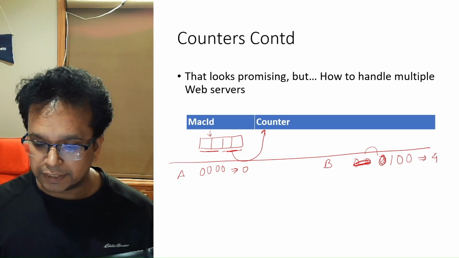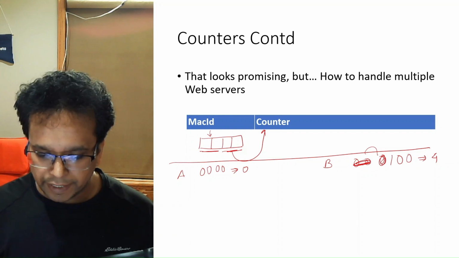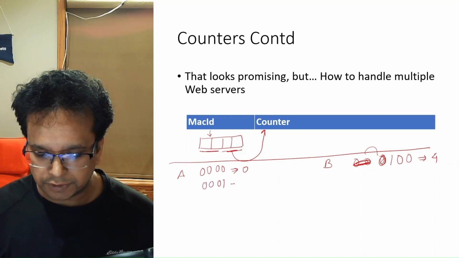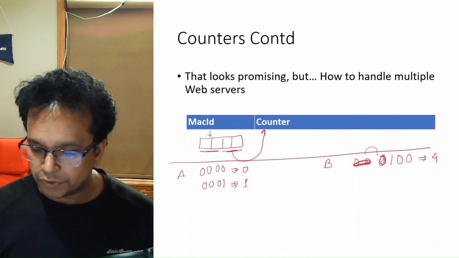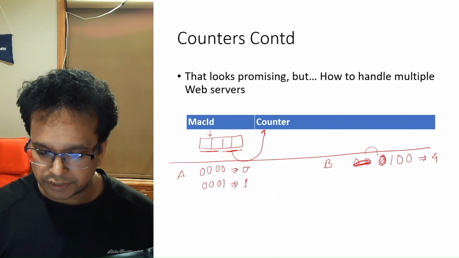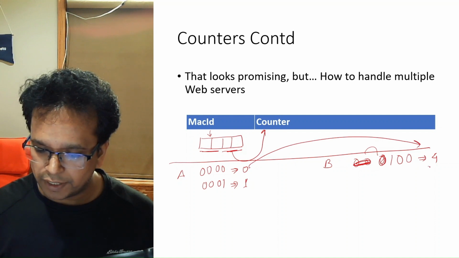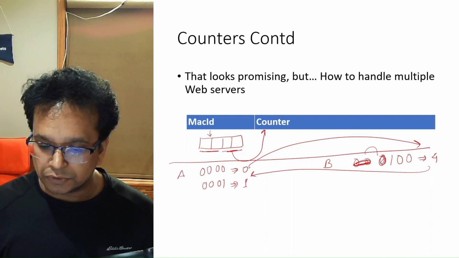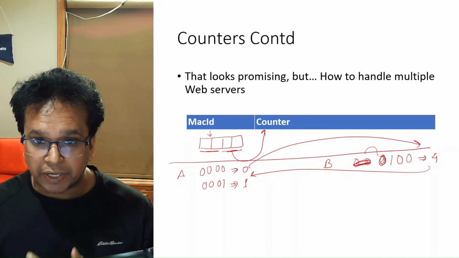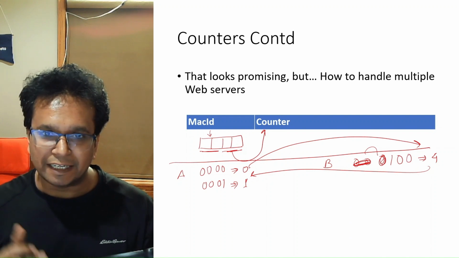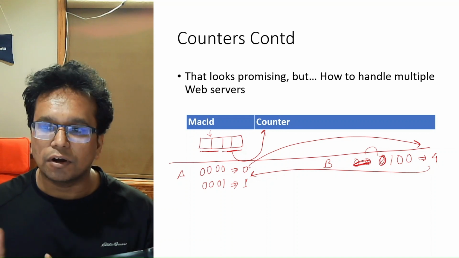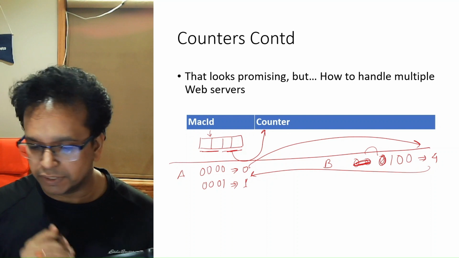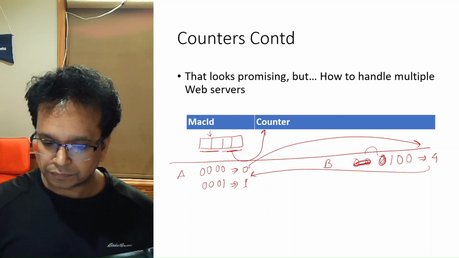Now suppose the next request comes to server A, and it generates a counter of 1, which is 0001, meaning 1. So first it generated 0, then it went to 4, and then it went to 1, which is a decrease. The IDs depend on which request lands first, so there is no guarantee of monotonically increasing IDs in this particular combination.